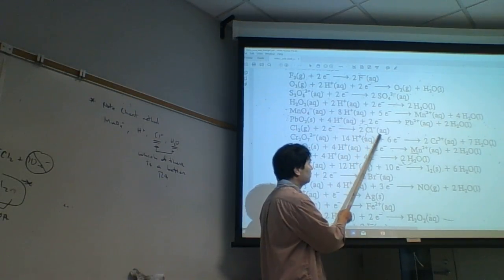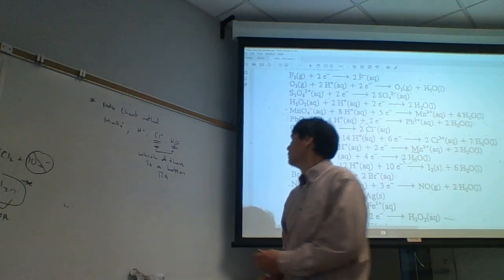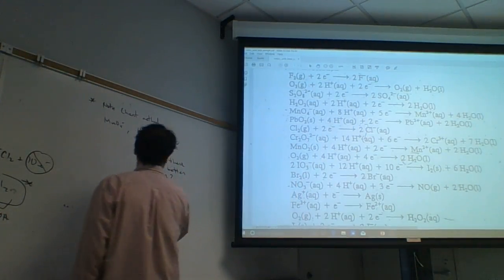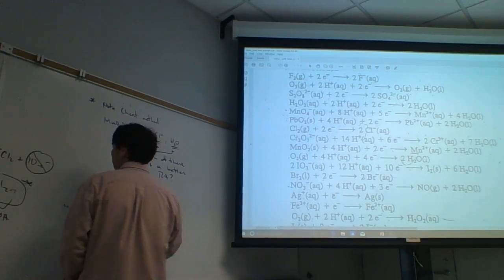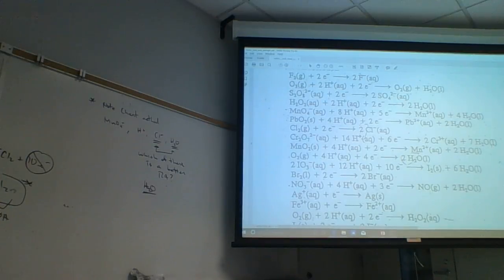So which is better? Water is better. If H2O is a better reducing agent, then why is chloride oxidized and not water? Now here comes a confusing thing.